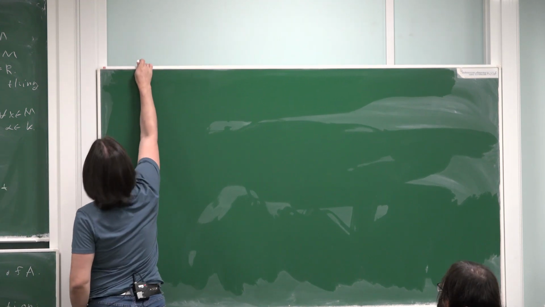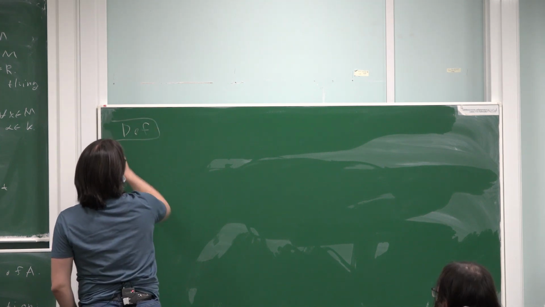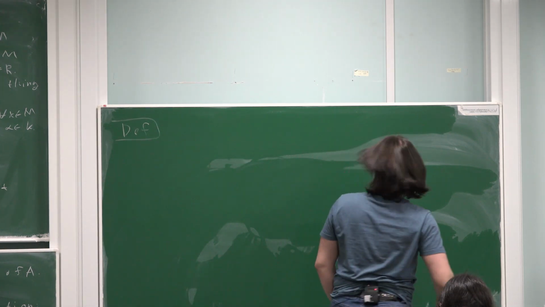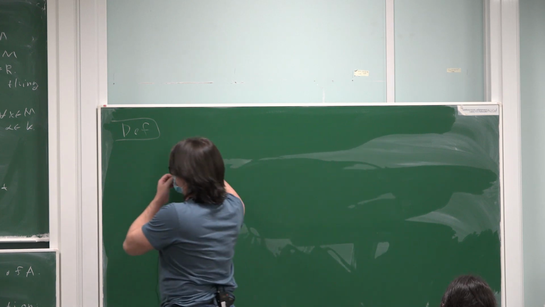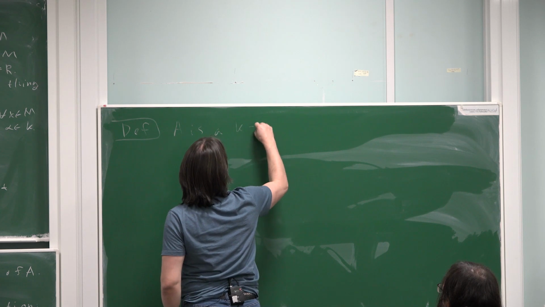So now a little portion of definitions. A is a K-algebra.